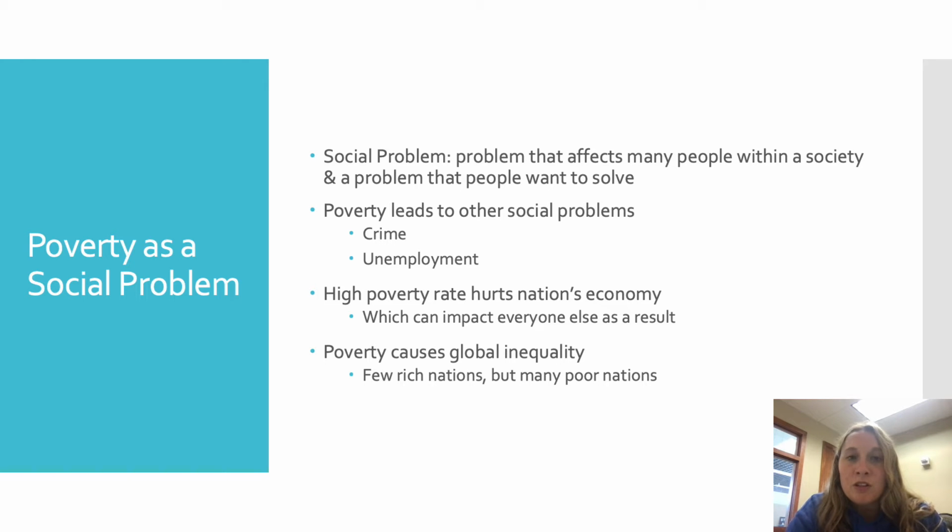People living in poverty are also usually unemployed. So as poverty rises, so does the unemployment rate, which can impact our economy. So the high poverty rate hurts the nation's economy, which can impact everyone else as a result.